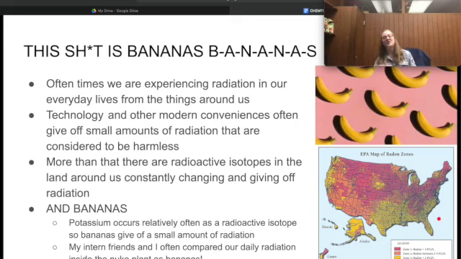There is an official unit called the banana in radiation. We don't actually use it 9 times out of 10 as scientists, only if you're goofy interns having fun thinking about radiation as bananas.